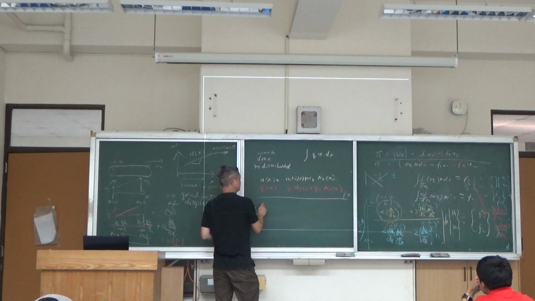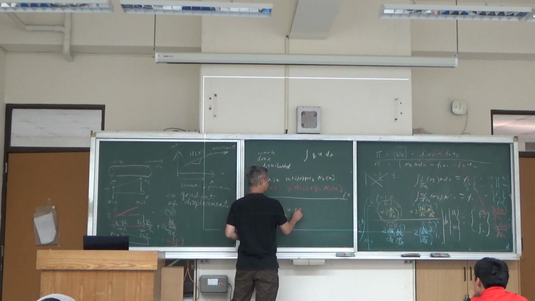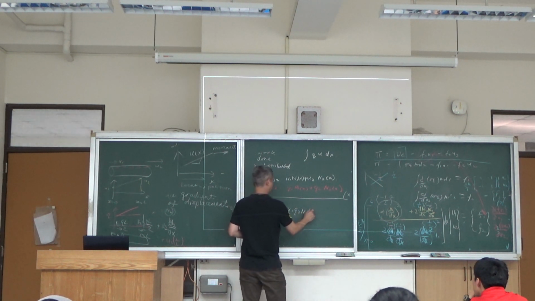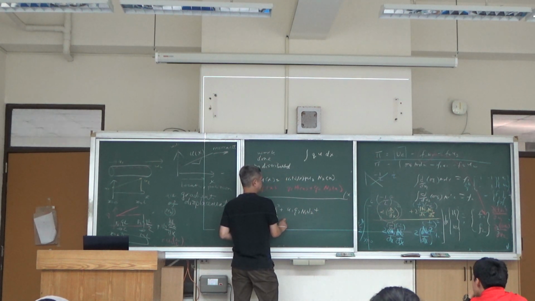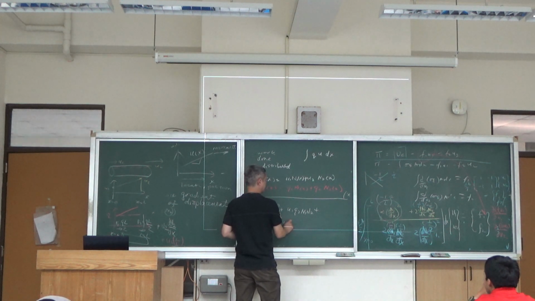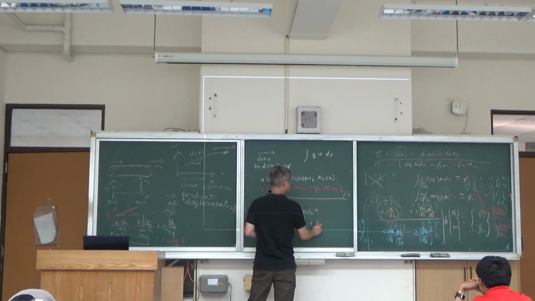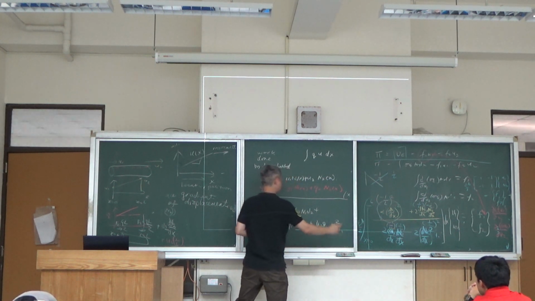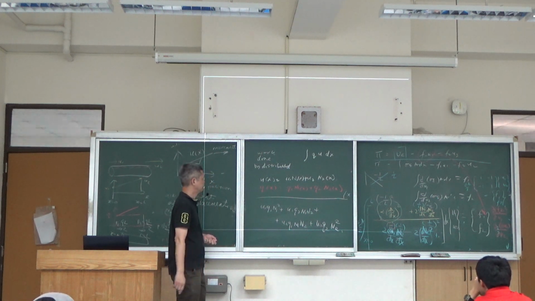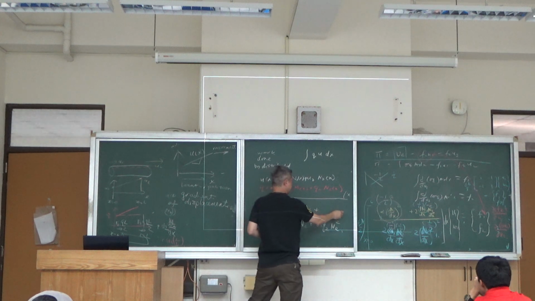You're going to have U1 Q1 N1 squared plus U1 Q2 N1 N2 plus U2 Q1 N1 N2 plus U2 Q2 N2 squared. So remember, this got to be integrated with the length.